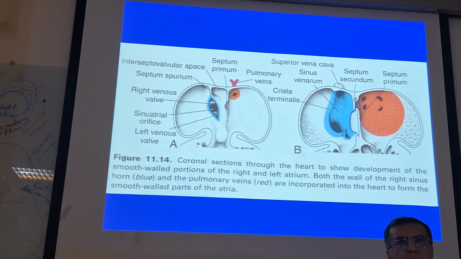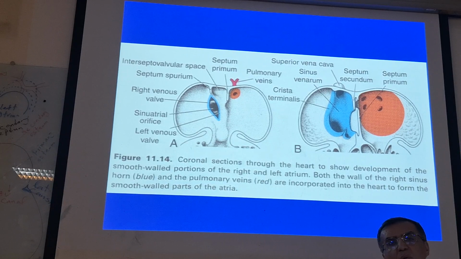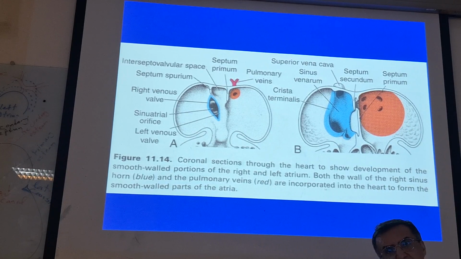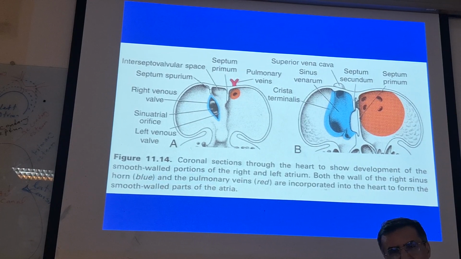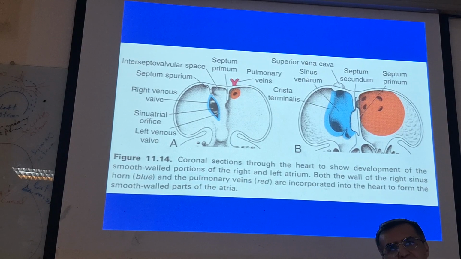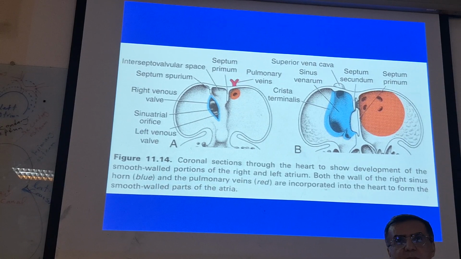What's the other name for the ostium secundum? Ostium secundum or secondary opening. Secondary. Yes, it's the Latin word. Ostium secundum is Latin. Secondary opening or secondary foramen is English. So it's different from the second. Septum secundum, ostium secundum. Septum means wall.